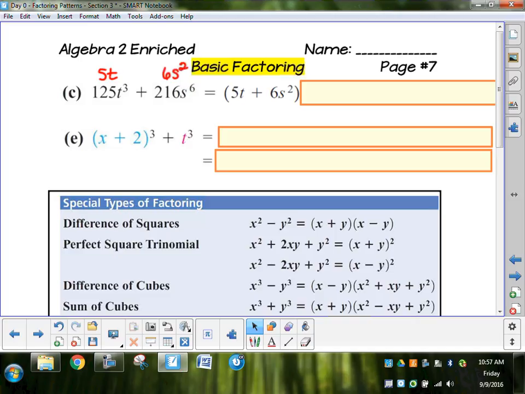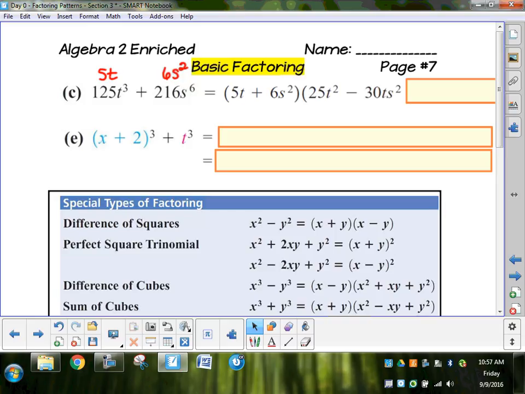Close. 25t squared is correct. What do I get when I take the middle 2 terms and multiply them together? And what's the sign in front of them? And now to finish it, Eli, what do you get at the end?